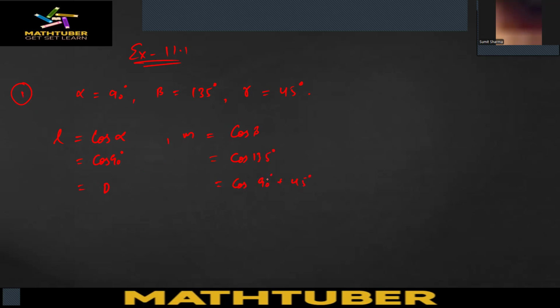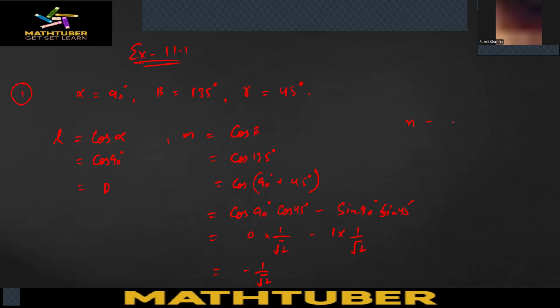It is cos of 90 plus 45 degrees, and cos(A plus B) is cos A cos B minus sin A sin B. So cos 90 is 0 into 1 upon root 2 minus sin 90, which is 1, into 1 upon root 2. So it will be minus 1 upon root 2.